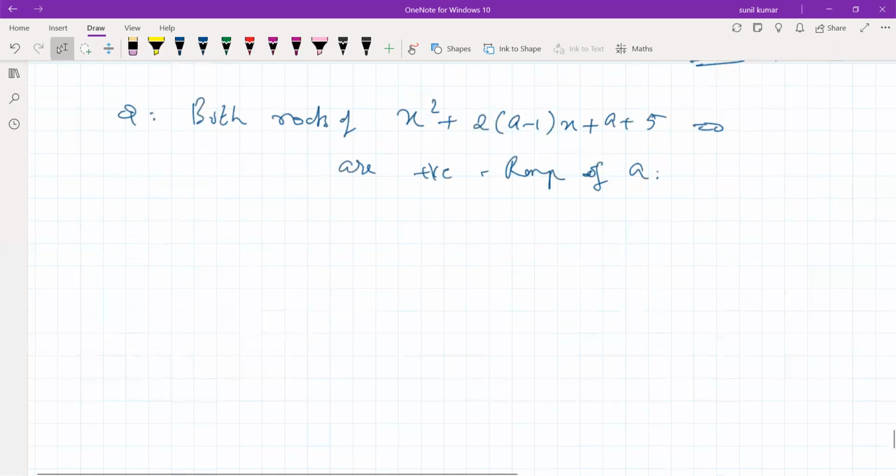What will be the range of a? Please try all these problems.